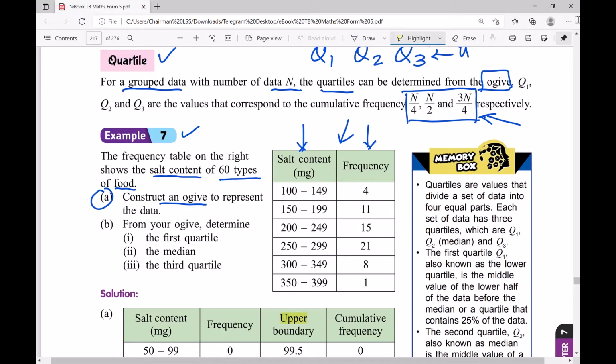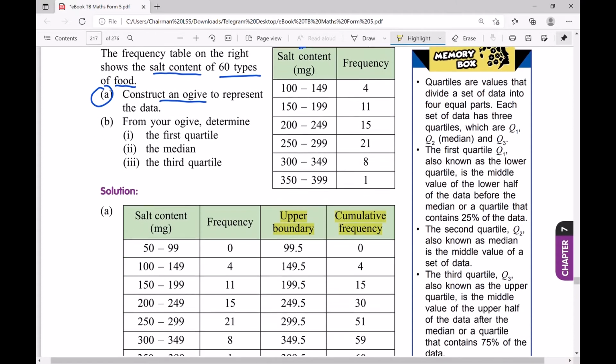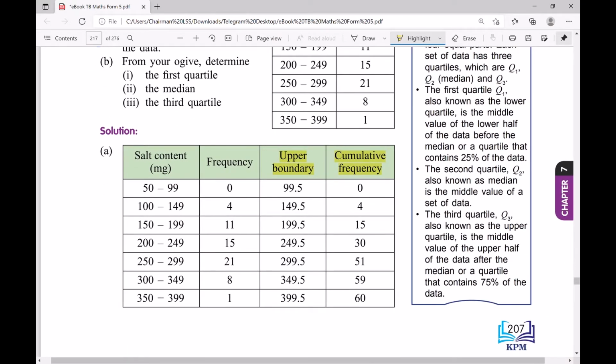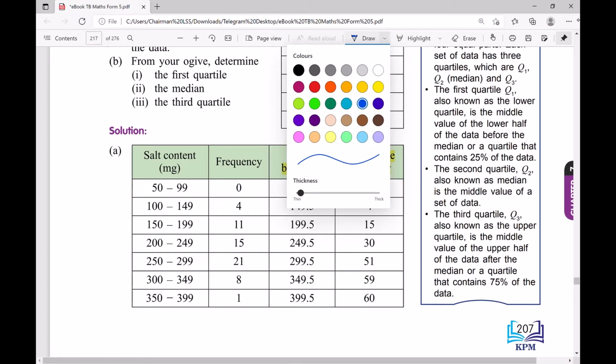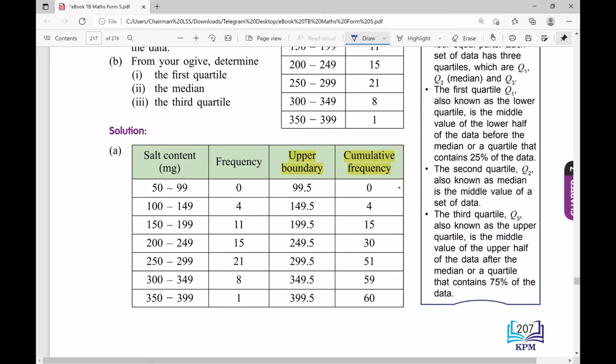Yes, you need the upper boundary and also the cumulative frequency. All this you have learned, so it's just a refresh for you. Only that you have to add a new class here, with zero frequency.